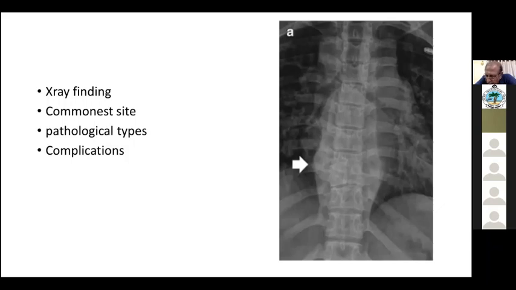How does this track to that area? So this is usually through the pudendal nerve. In the gluteal region, it can go along the superior and inferior gluteal nerves and vessels and present in that area. And in the perineal area, it tracks along the pudendal vessel.